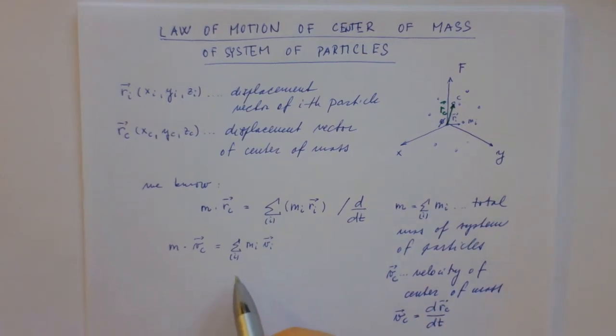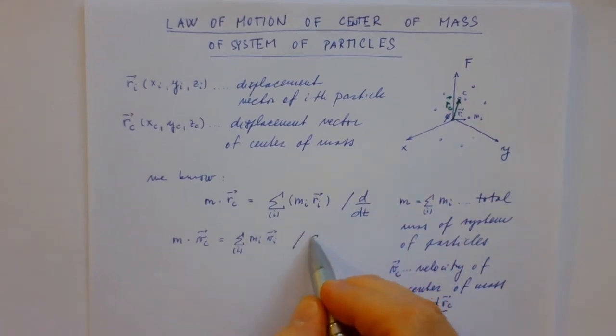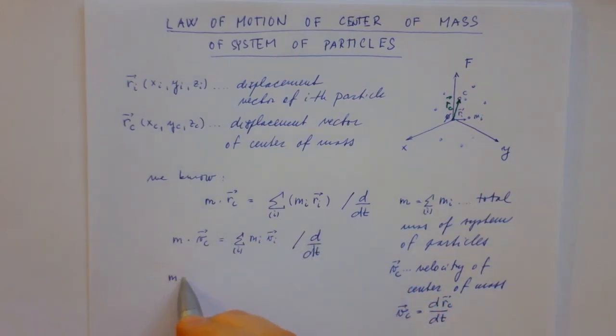If we make another derivative, we get m by ac is equal to the sum of mi ai over the whole system.